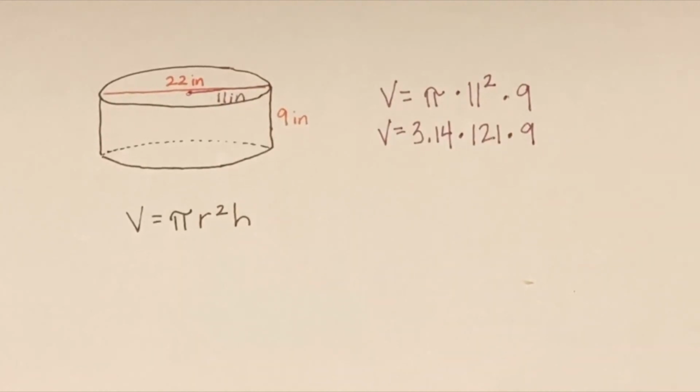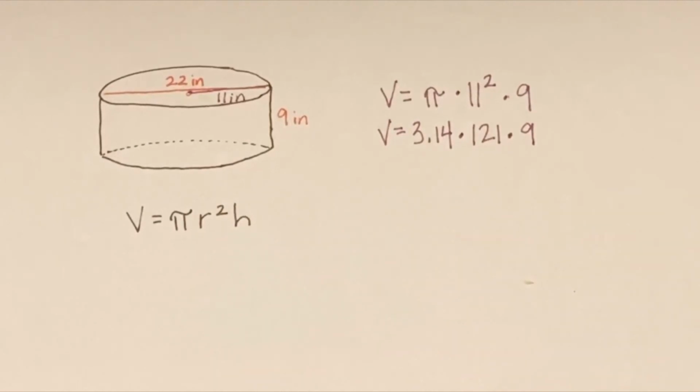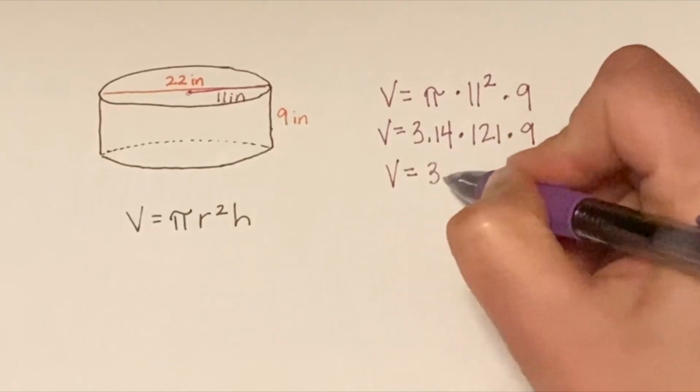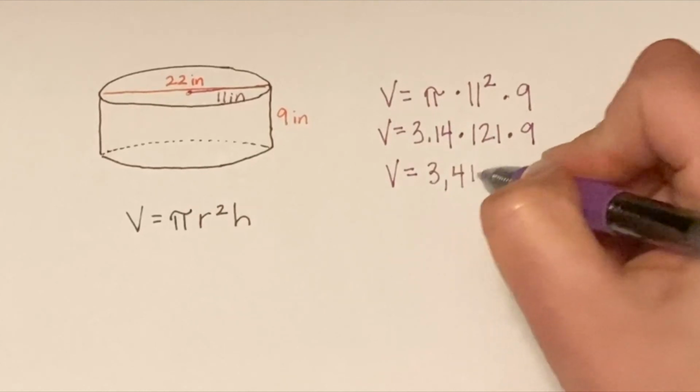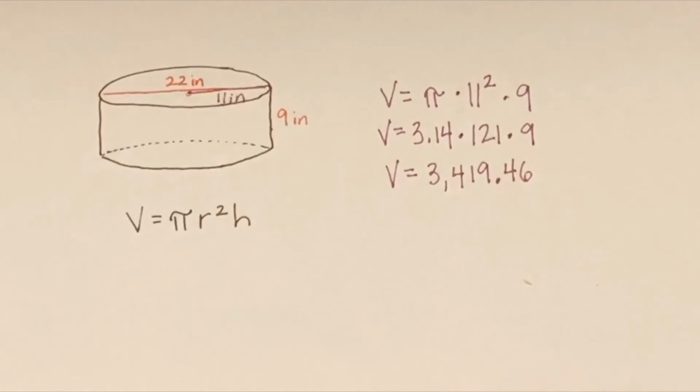Just like Mrs. Savage did, pick up your calculator and type these in and you will get the volume. When you type this in, you get volume is equal to 3,419.46.